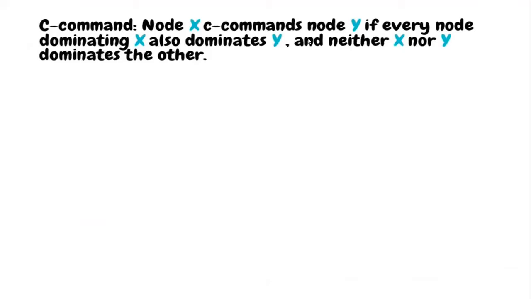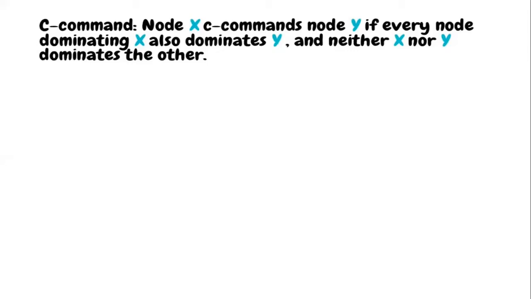C-command means that node X C-commands node Y if every node dominating X also dominates Y, and neither X nor Y dominates the other. This simply means that X and Y are sisters. So X C-commands its sister Y and everything underneath its sister. Okay?